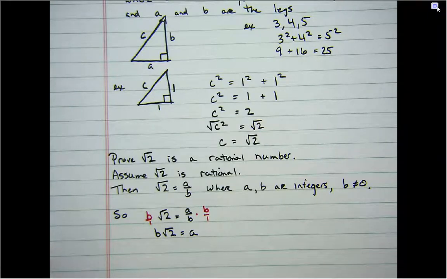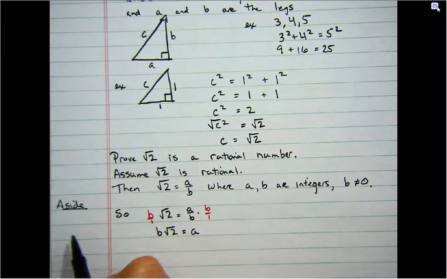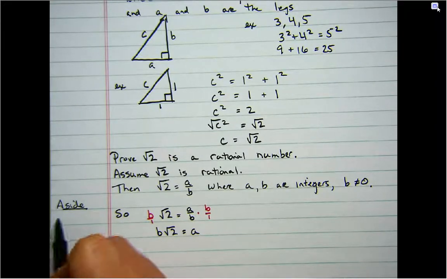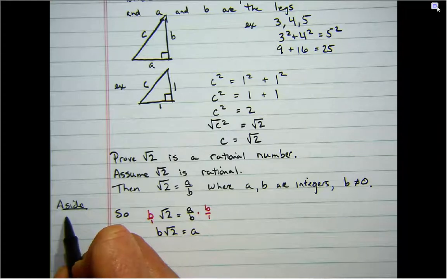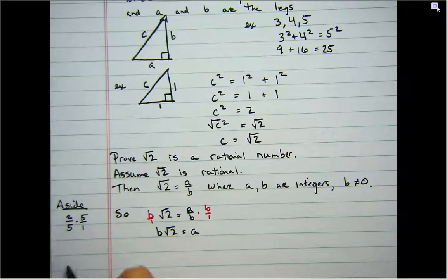I'll show you why it divides away with a little example off to the side here. So suppose you had 2/5, and I multiplied that by 5 over 1. That's 10/5, which is 2.